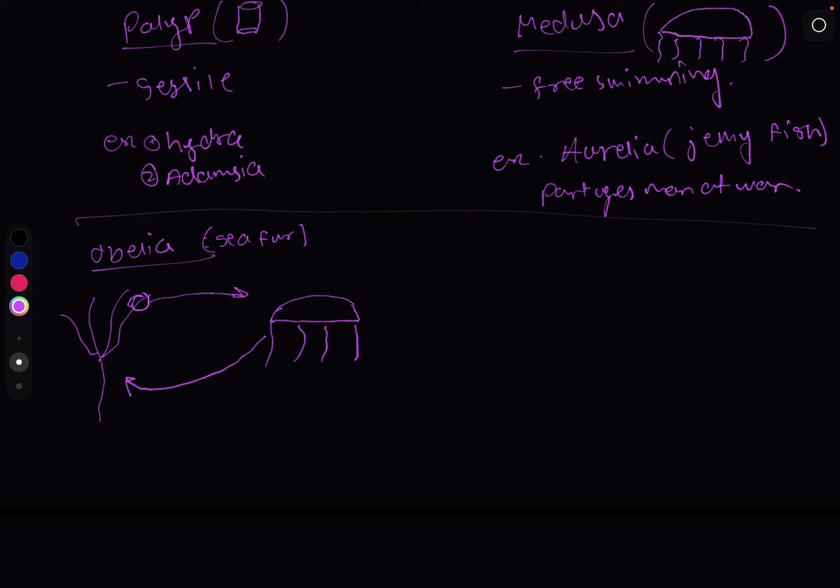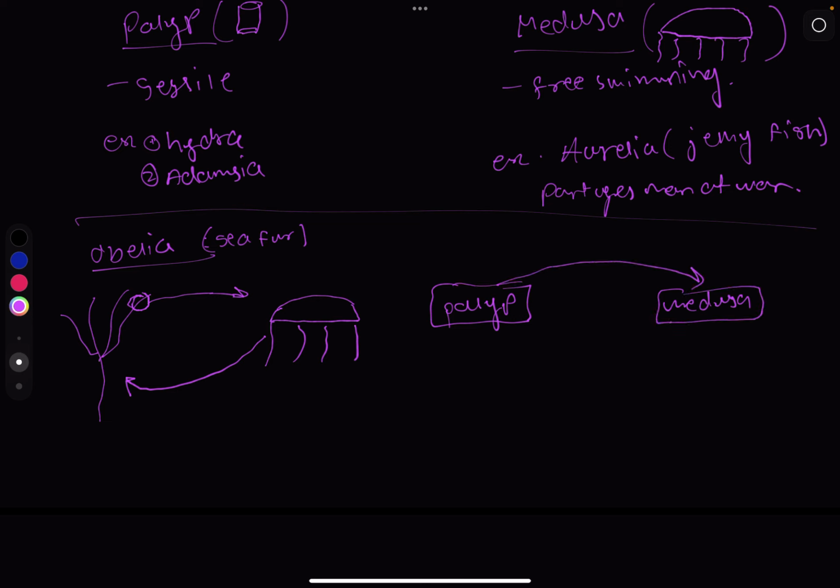I will create a very simple diagram in order for you to remember. This is polyp, this is medusa over here. This is asexual in the form of buds, and this over here is sexual. There is a zygote and there are also larvae present.